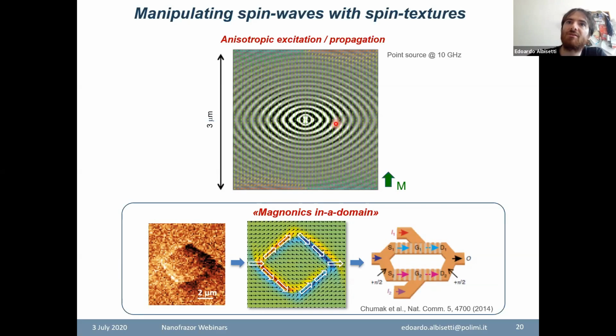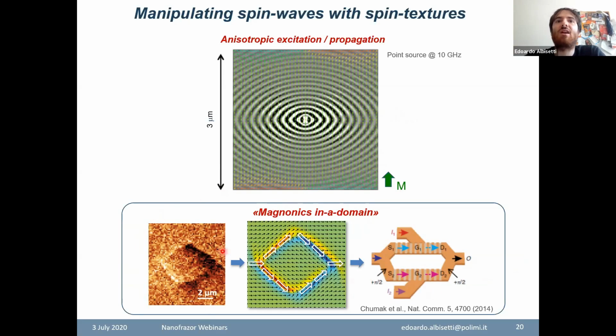And not only the properties of the spin waves that are propagating, but also the way that they are excited point by point. So basically, by controlling the spin texture, you have a powerful and reconfigurable way to build devices that concern the generation of spin waves, the propagation of spin waves, or the modulation of the spin waves that are already propagating in the film. And so our original idea was to build what we call magnonics in a domain.